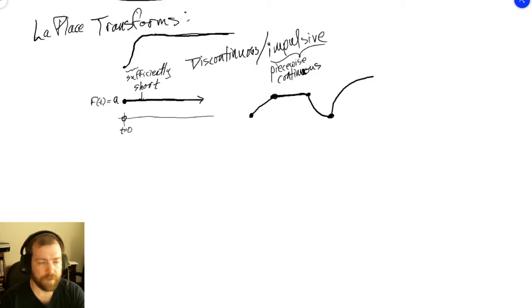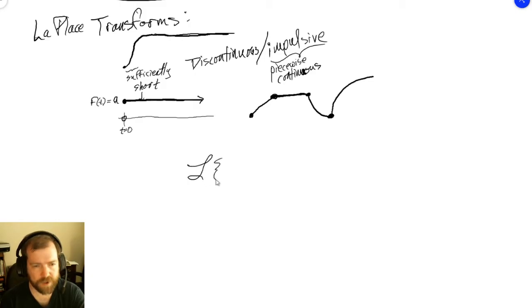So Pierre-Simon Laplace ended up coming up with helpful uses for these particular transformations. And this particular integral transform allowed him to create a sufficiently useful tool.